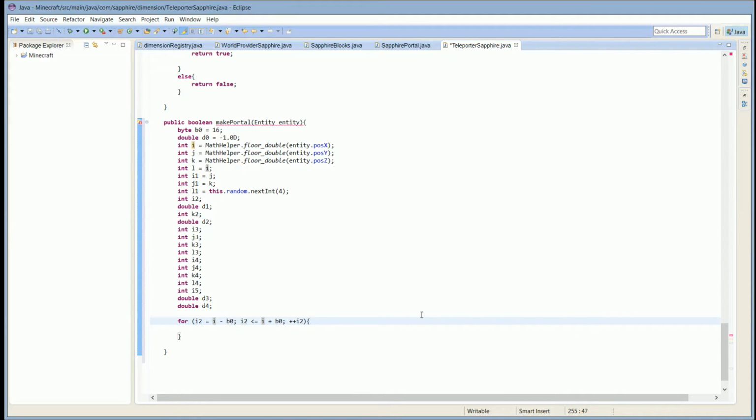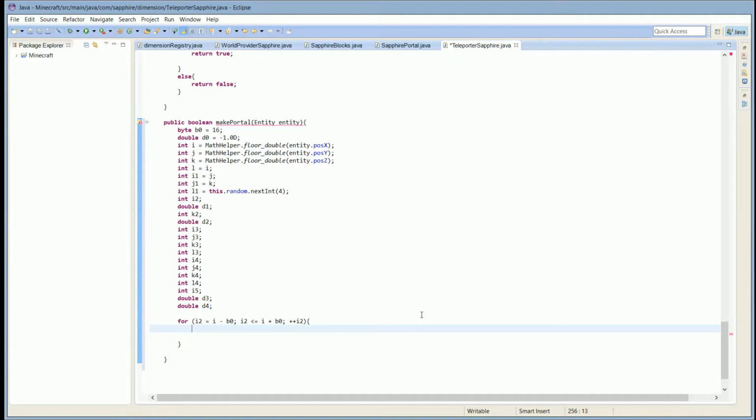This is saying for i2 equaling i minus the byte, and then for i2 being less than or equal to i plus the byte, which makes sense because it's i2 equals i minus the byte, so it's going to be less than. And then you continue to go to i2.